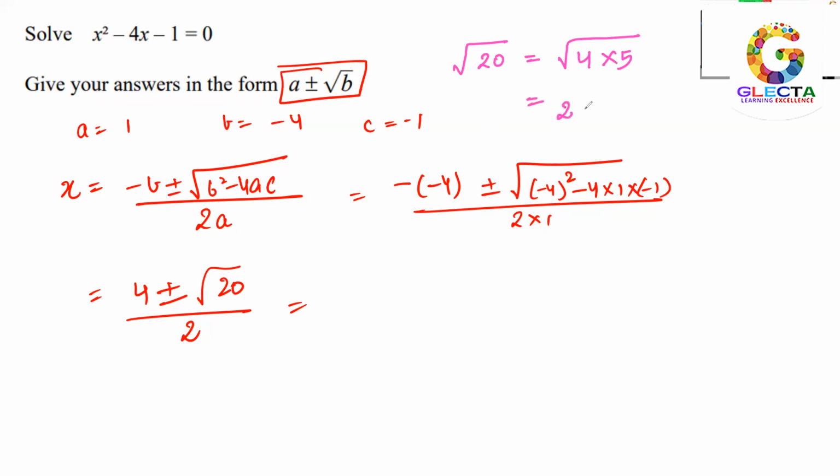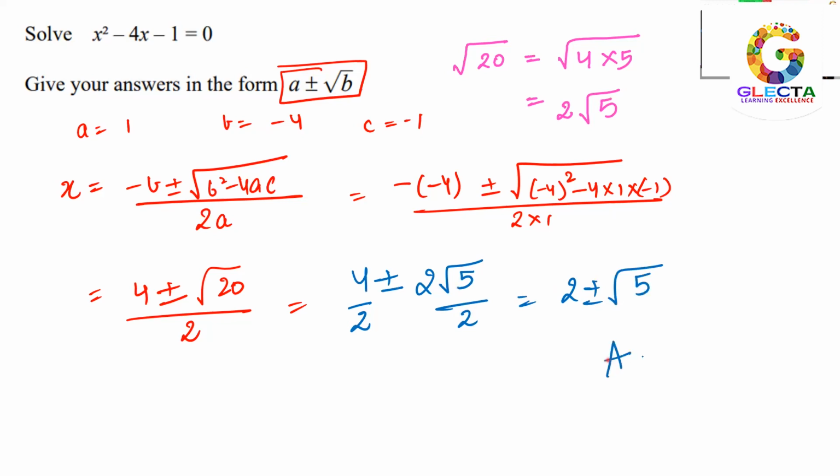Square root of 4 is 2, surd 5 as it is, right? So this is how you write this: 4 plus minus 2 surd 5. And since you're dividing by 2, you can separate this up, right? So this would be your final answer. All right? 2 plus minus surd 5.